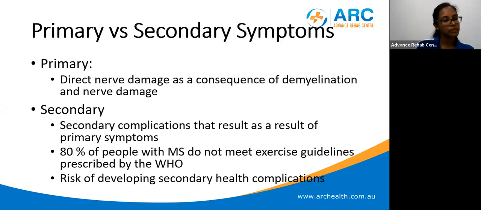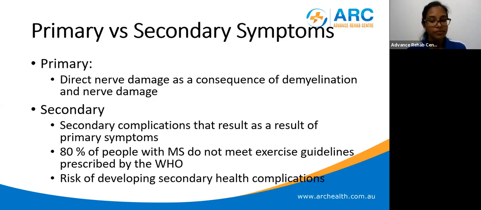Before we talk about fatigue in detail, I just want to differentiate between primary and secondary symptoms. Primary symptoms, like the ones in the previous slide, are from direct nerve damage or a direct consequence of the MS disease process of demyelination. The secondary symptoms, on the other hand, are not directly related to your MS disease process, but are a complication of your primary symptoms.